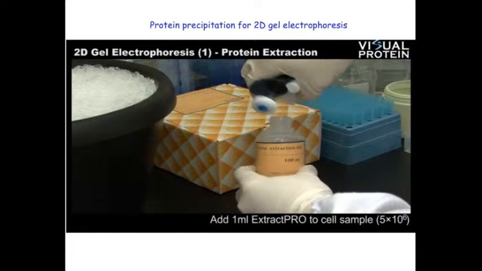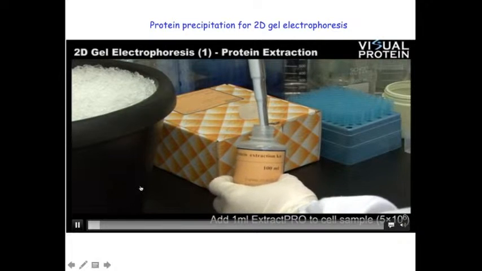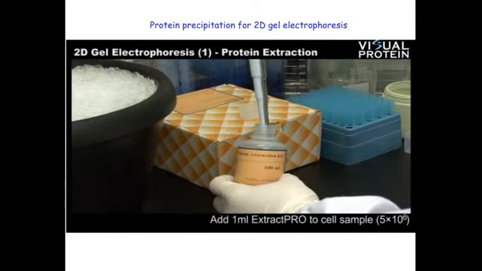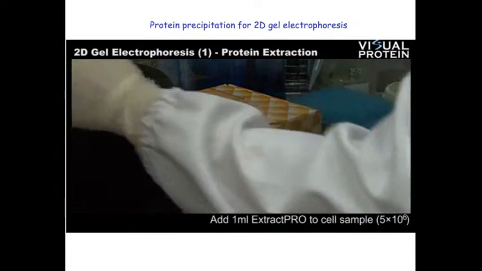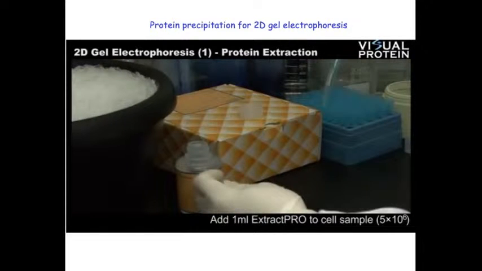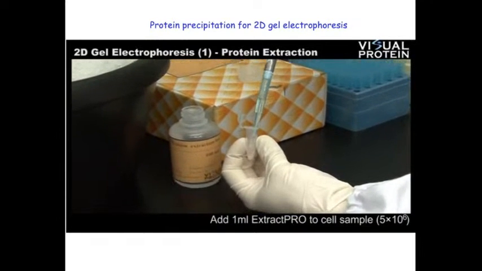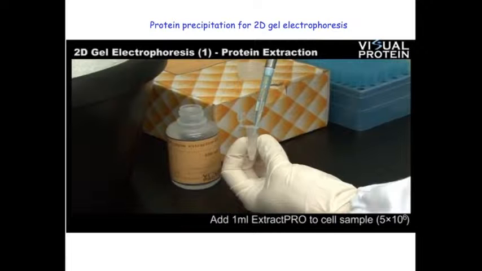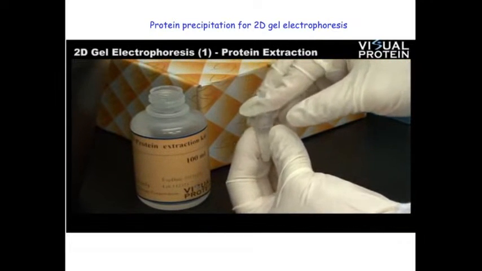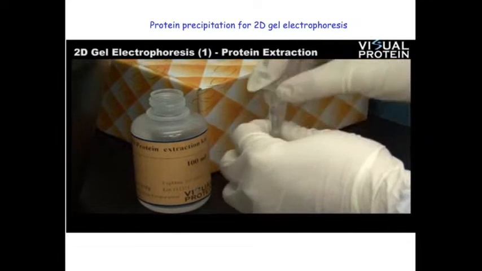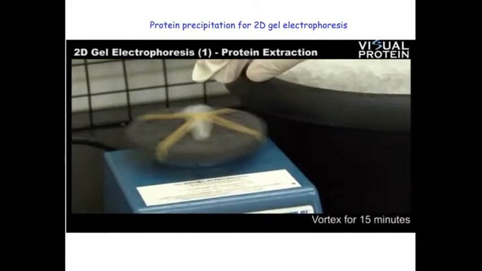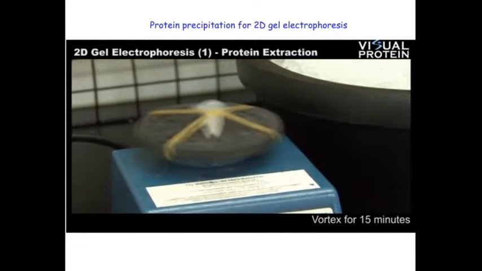So you extract prokaryotic cell samples. Mix it up, vortex for 15 minutes.